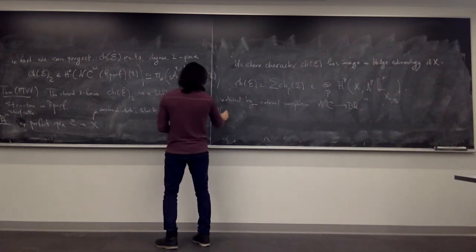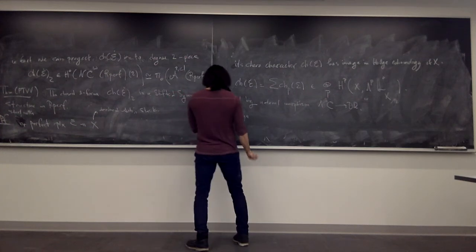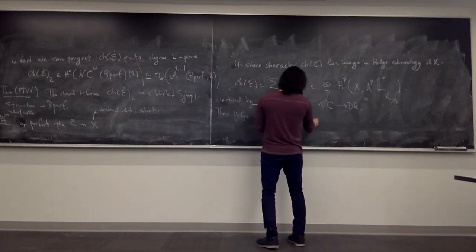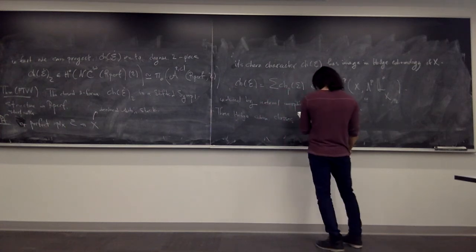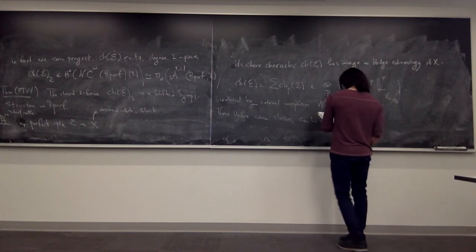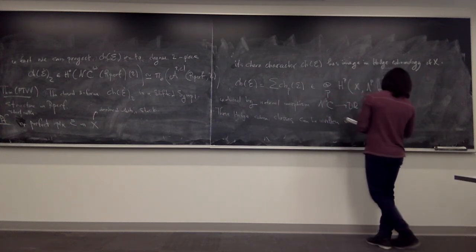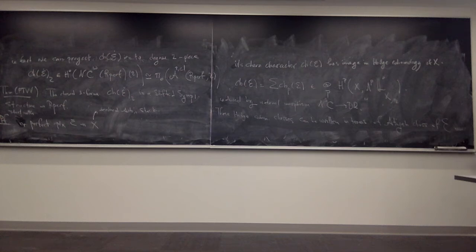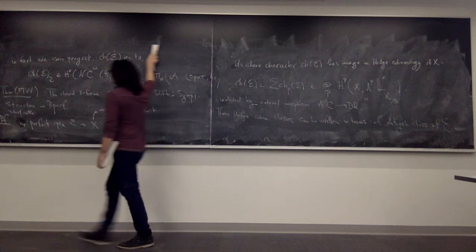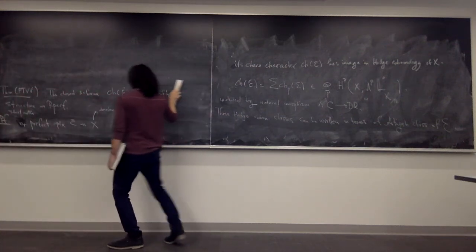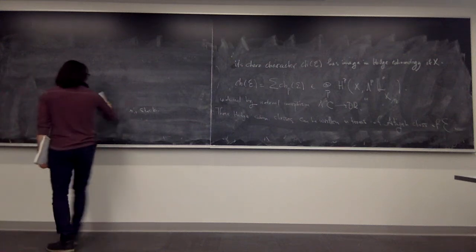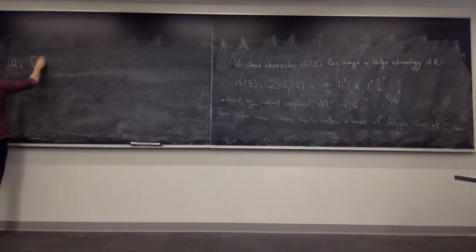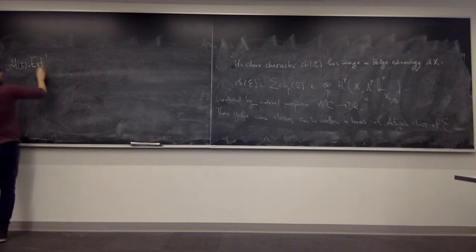These Hodge homology classes can be written in terms of the Atiyah class of this perfect complex E. The Atiyah class of a perfect complex, of some complex E, is an element of this group.